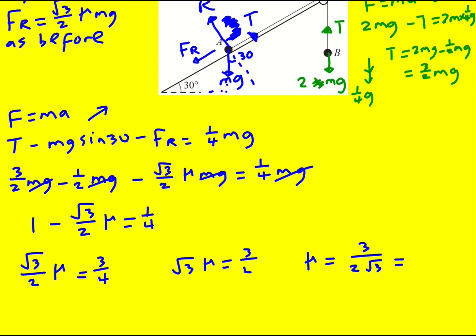This answer's pretty good. We can do a little bit better though. We can actually multiply through by root 3, top and bottom, rationalizing the denominator essentially, so that becomes 2 times 3. The 3's cancel, which gives us a final answer. Mu equals root 3 over 2.